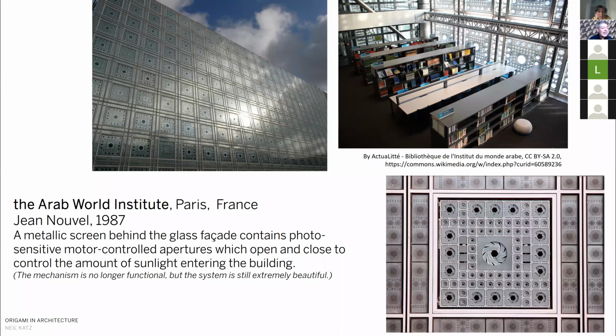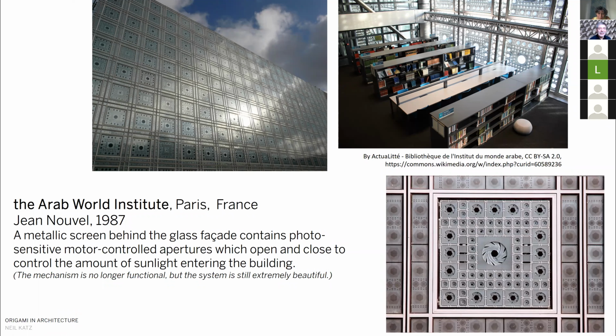Jean Nouvel in 1987 designed the Arab Institute in Paris. This was one of the first examples of buildings with moving components. These facade elements are able to open and close. They had automatic sensors that looked to see if the sun was out and facing this wall, and could close if necessary to protect the spaces behind them.